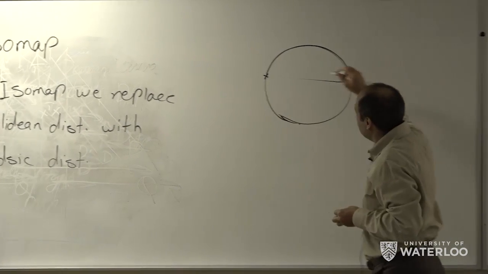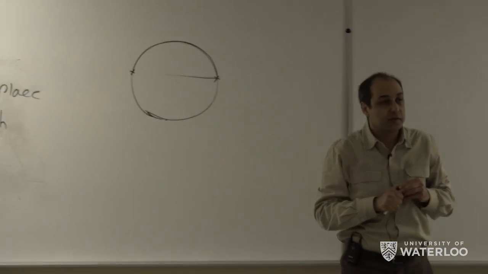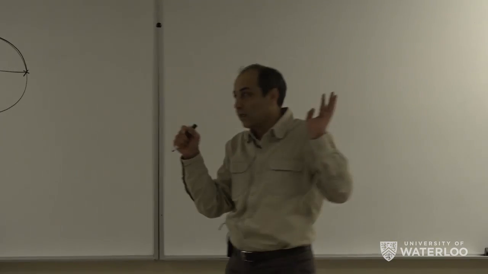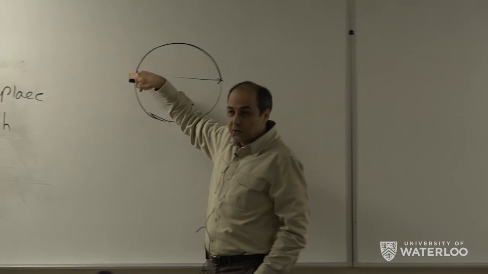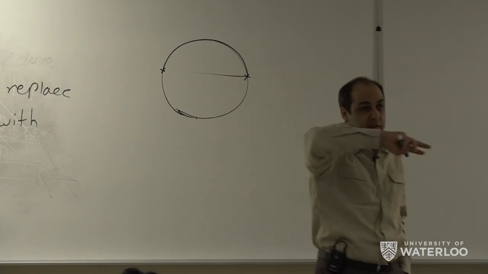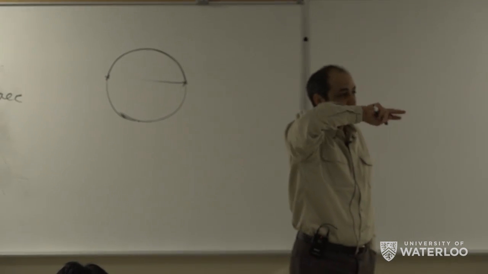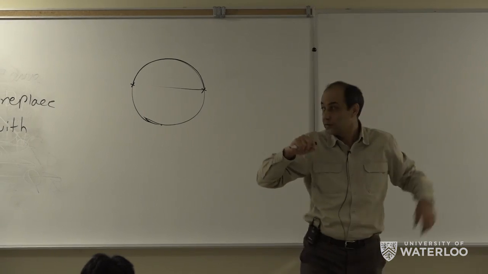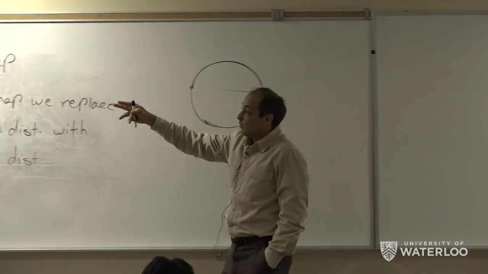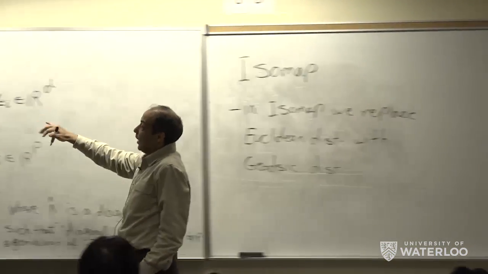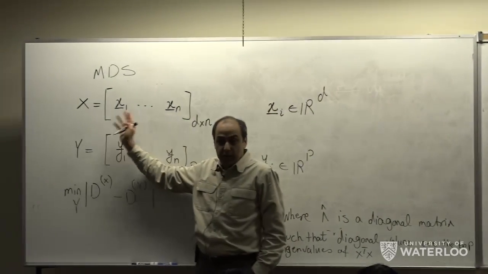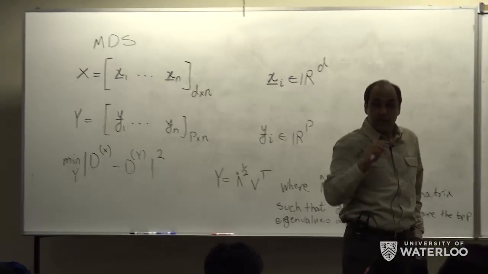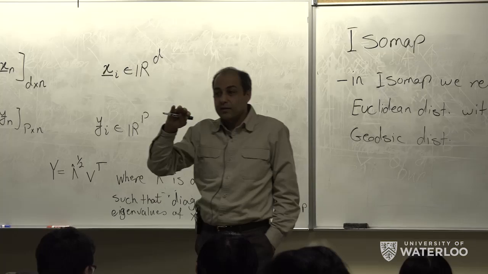How can we compute the geodesic distance between 2 points? If you know the manifold already, we can compute the geodesic distance between 2 points, basically the distance on the manifold, rather than the shortest path between these 2 points. But in the case of dimensionality reduction, the only thing that I have is n data points. I don't have the manifold. I don't have the surface.